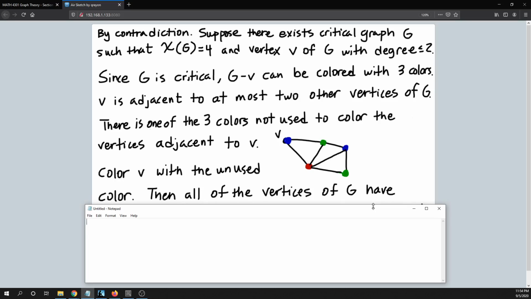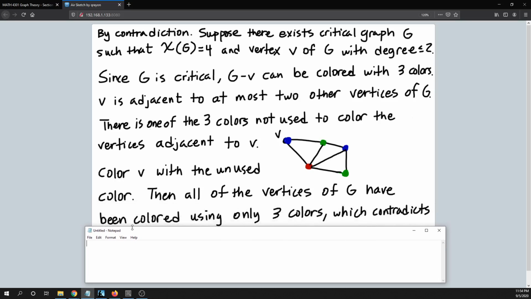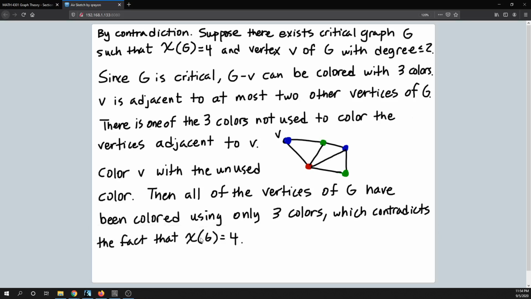So all of the vertices of G have been colored, and you're only using 3 colors to do it. That is a contradiction to the fact that the chromatic number of G is equal to 4. Remember, if the chromatic number is 4, that means the graph can be colored with 4 colors, and it cannot be colored with 3 or less. And we've just done it.